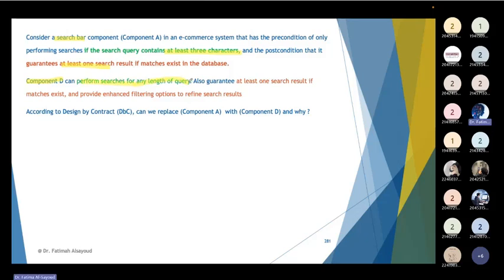Instead of the previous one requiring at least 3 characters, now it works for any length. Even if the customer writes only 1 character, such as S for Samsung, it is going to show a result. It also guarantees at least 1 search result.